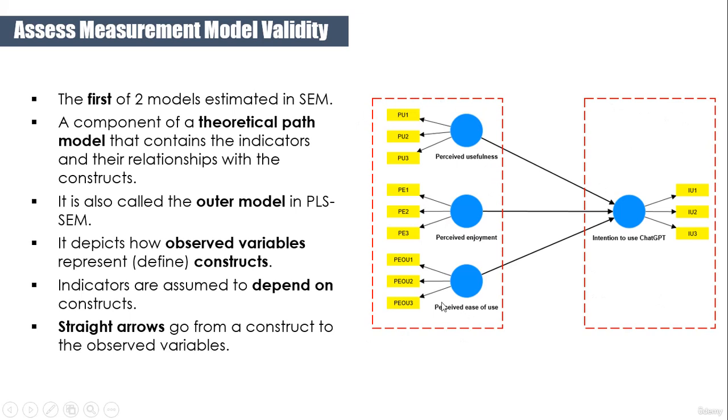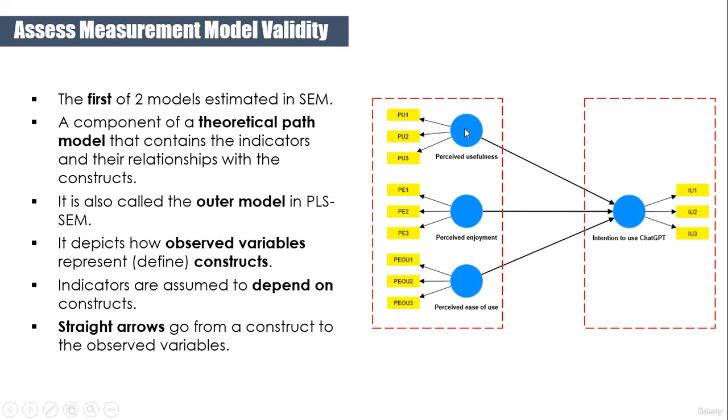In the outer model, or measurement model, we see how the indicators are related to the latent variables or constructs. So it depicts how the observed variables represent or define the construct. Because these variables are latent and unobservable, we have to use multiple indicators, multiple questions, to measure a particular variable, and we want to see whether these indicators are properly measuring the latent construct or not.